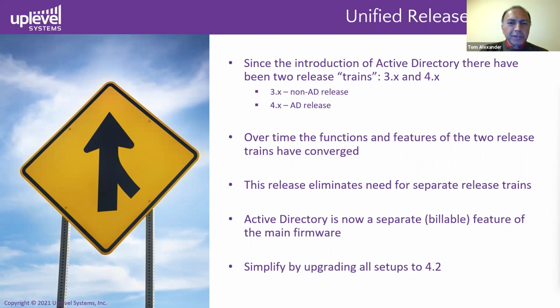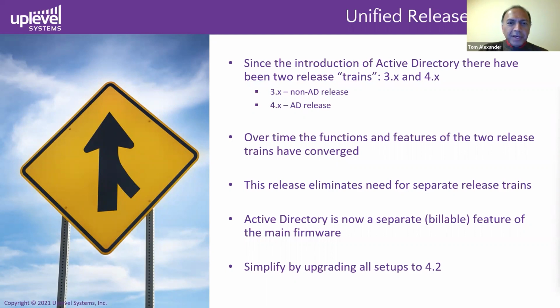The whole reason for doing that was because when we first introduced Active Directory, there had to be an actual firmware update on the gateway in order to support the AD controller. But over time, we've been working hard to eliminate the need to have these two releases. In fact, in the last few months, the functions and features of the two release trains converged to the point where basically the only difference between 4.x and 3.x was that there was an AD controller enabled in one and not enabled in the other.